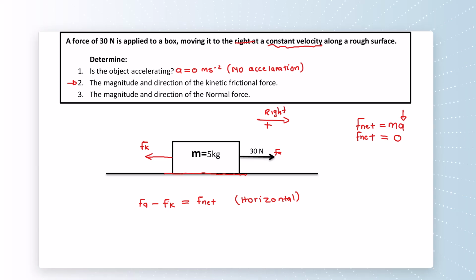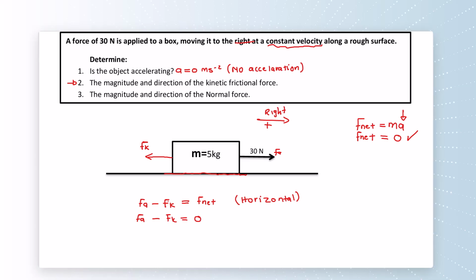And of course, the overall resultant force will be 0 again because there's no acceleration here. All right. Now, F net is 0. We will go and say applied force minus frictional force is 0. You can memorize: when there's constant velocity, F net is 0. Please remember that. I will emphasize it because it's so important.